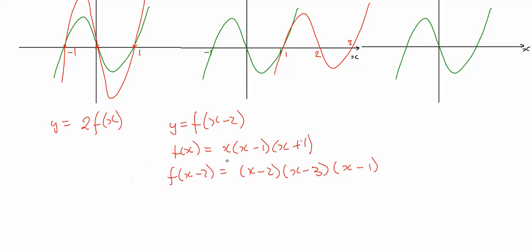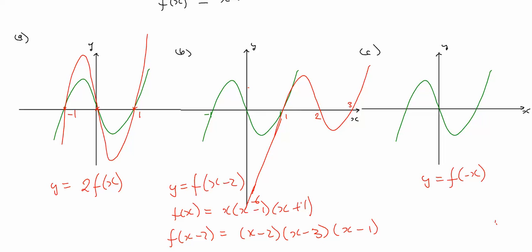So x is 0 is in fact f of minus 2, and substitute 0 here, we'll have minus 2 times minus 3 times minus 1, which is equal to minus 6. And so if the curve is extended down to where it crosses the y-axis, this here is minus 6.